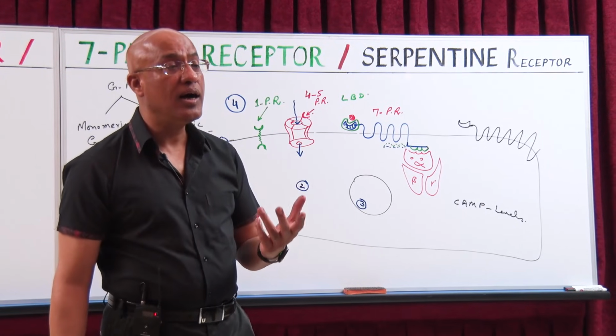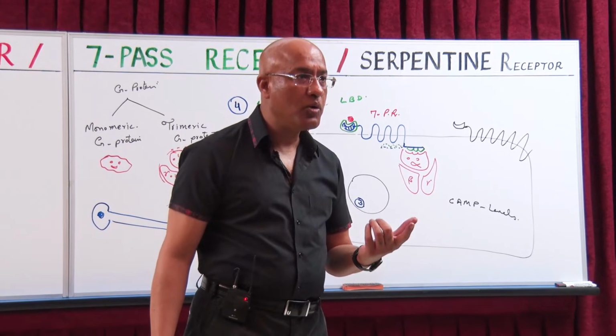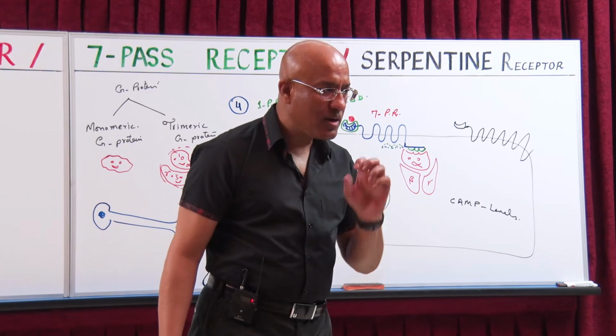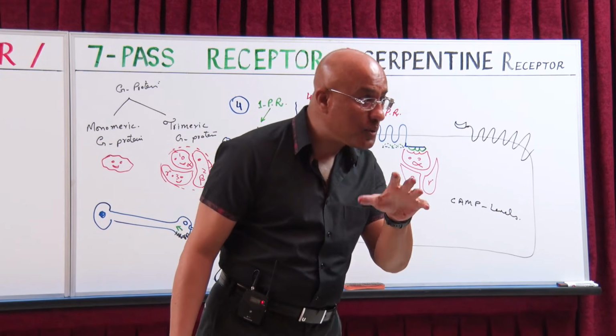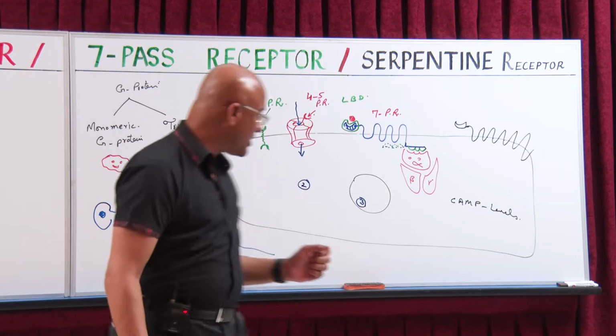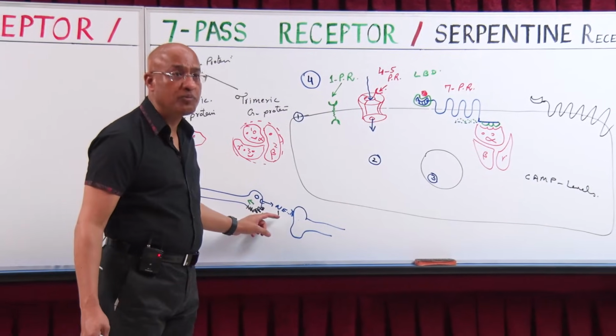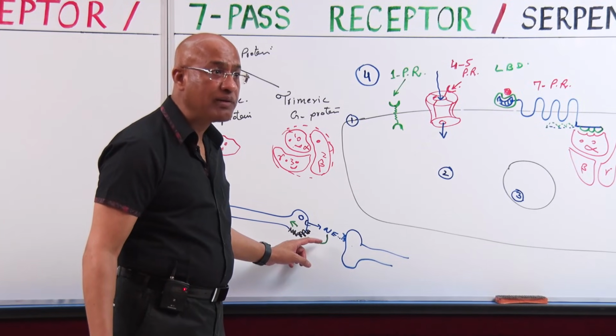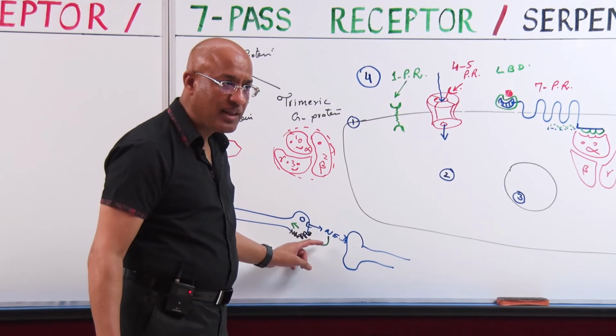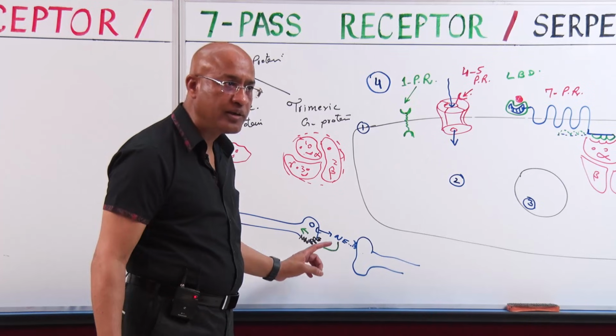On the monoaminergic neurons, nerve endings, which release monoamine neurotransmitter. Monoamine neurotransmitter means neurotransmitters which are derived from one amino acid, like epinephrine, norepinephrine, serotonin, dopamine.